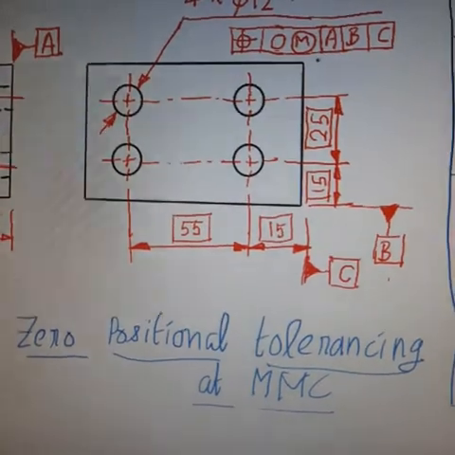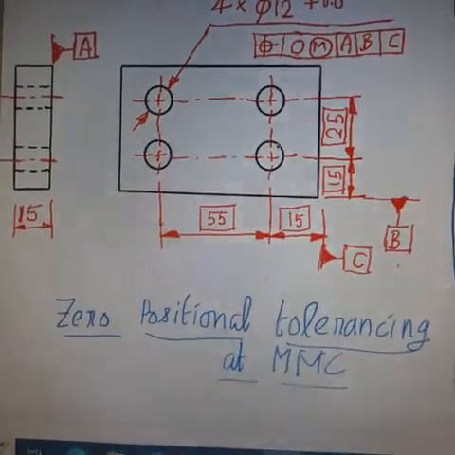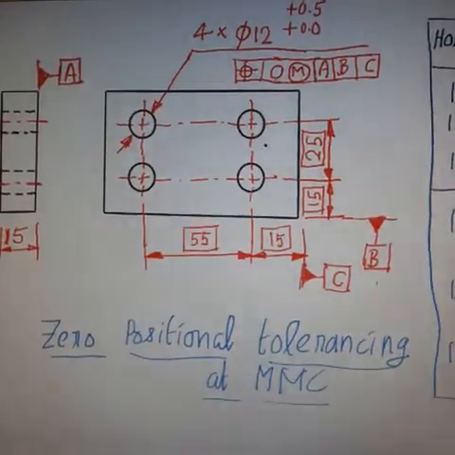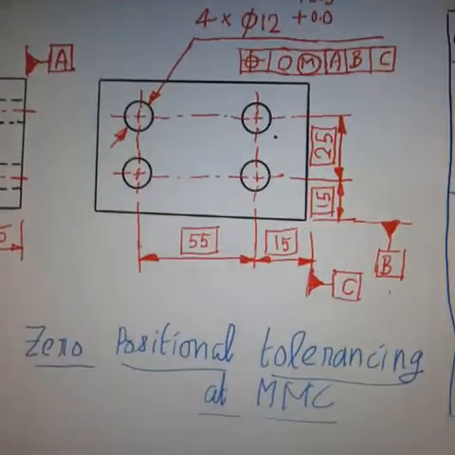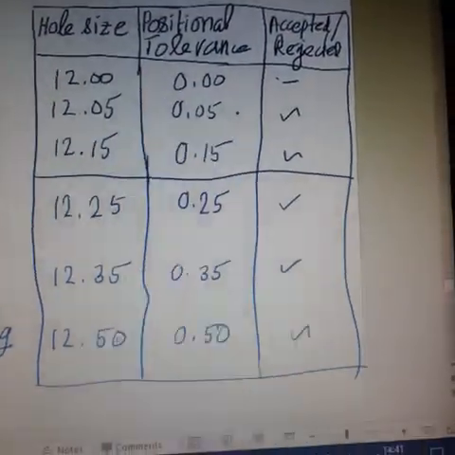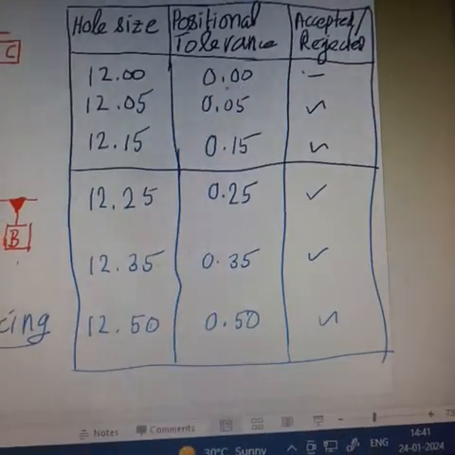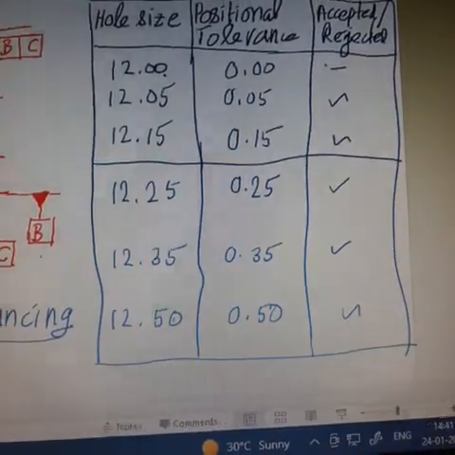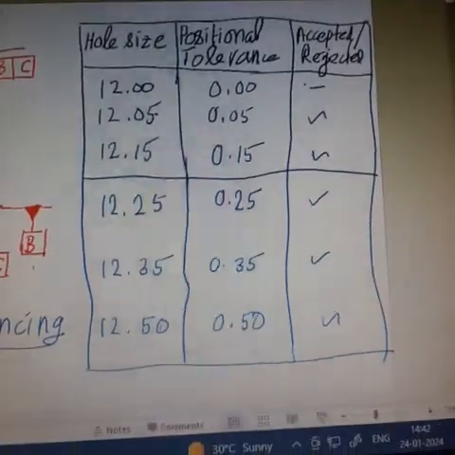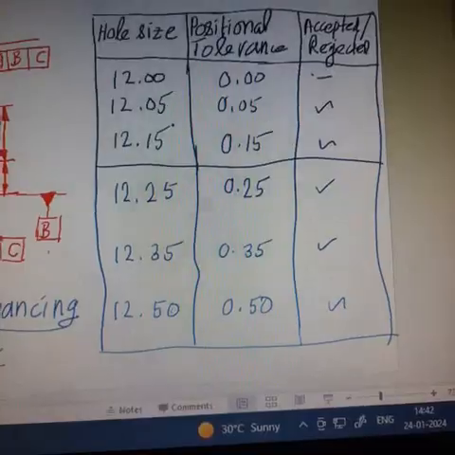When the value is 0, it means the hole is not enjoying any position tolerance, so you have to locate the hole at exactly 25 by 55 mm center to center. Since it is not possible to locate the hole with zero position tolerance, don't make the hole at 12 mm size. Always make the hole beyond 12 mm, say 12.05, 12.1, 12.15.